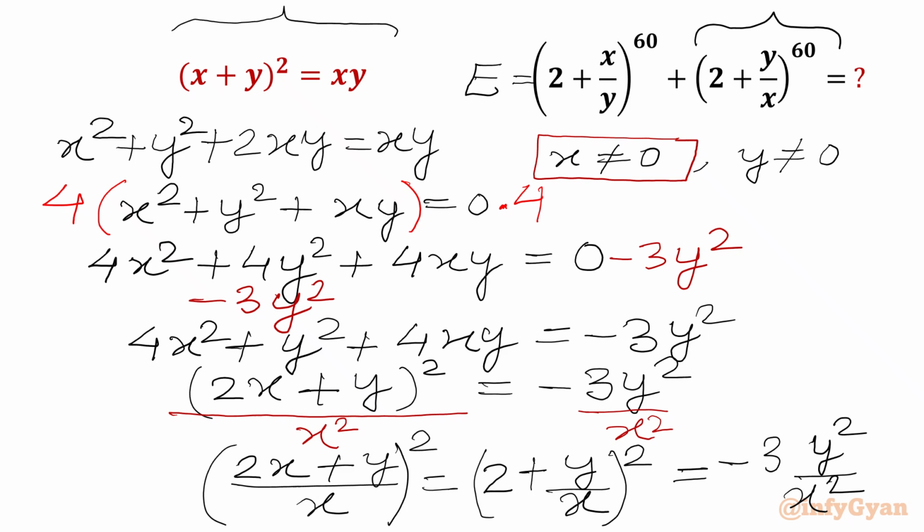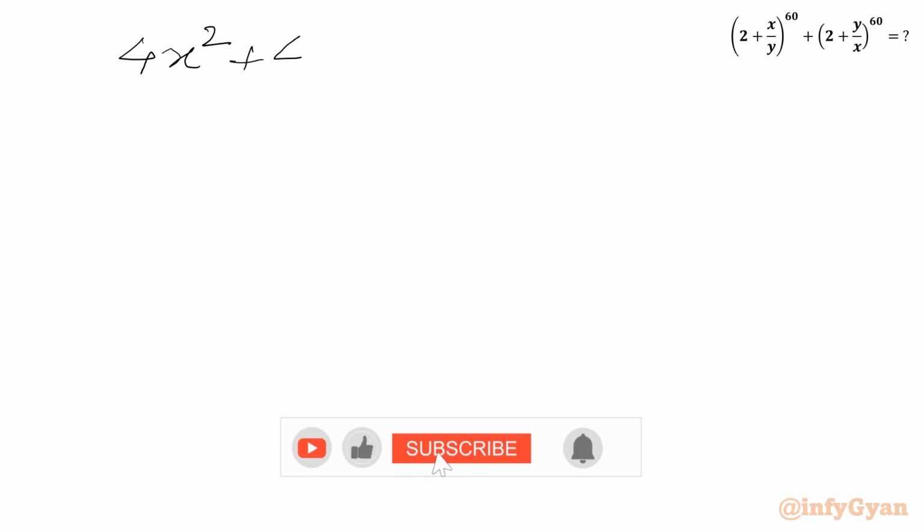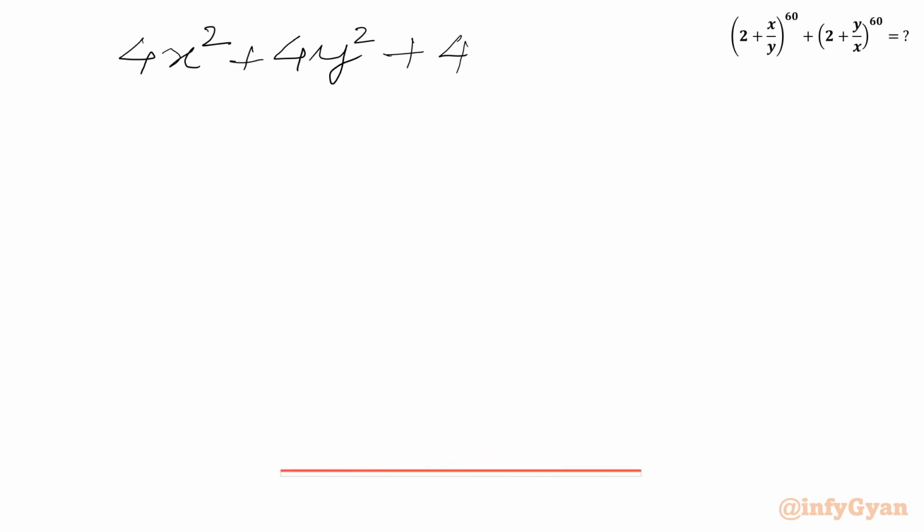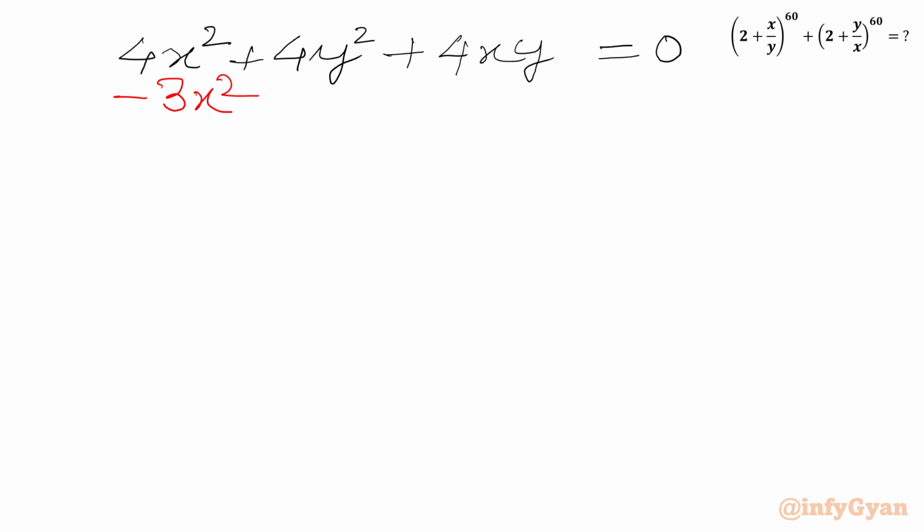Similarly, I will consider the same equation 4x^2 + 4y^2 + 4xy equal to 0, and this time I will subtract 3x^2 from both the sides. This side also minus 3x^2.